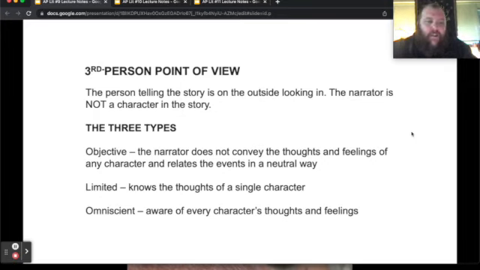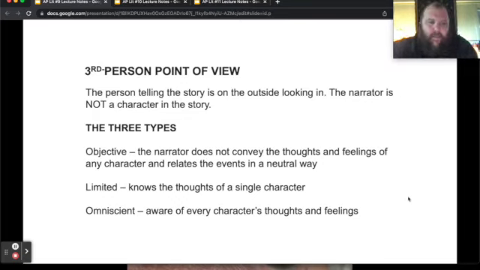Then there is third person omniscient. And that means that the narrator is aware of every character's thoughts and feelings. They see it all, the all-seeing eye in the story. All right. So those are the 3 that you really do need to know. You really do need to be able to talk in that way. This story is told using a third-person limited point of view, and here's the function of that. Here's why it matters. So those are the 3.